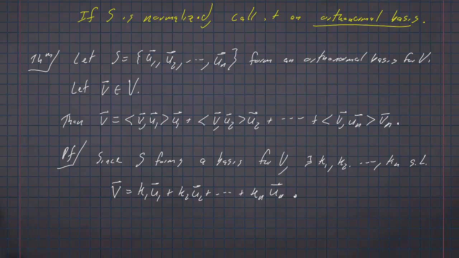And to prove that this is going to be the case, let's start off with just that. Since S forms a basis, we know that there are some constants, K1 through Kn, so that V can be written as a linear combination of all of these U's.